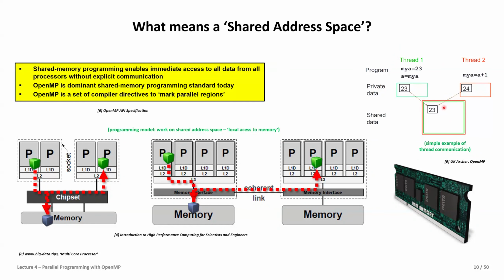But when they want to write something to memory, they have the shared address space. And this shows you that one thread might write into the shared address 23, then another thread can actually use it, here with a simple addition of +1, and work with it. So read and write is simple. We don't need message exchanges. We just have the variables.